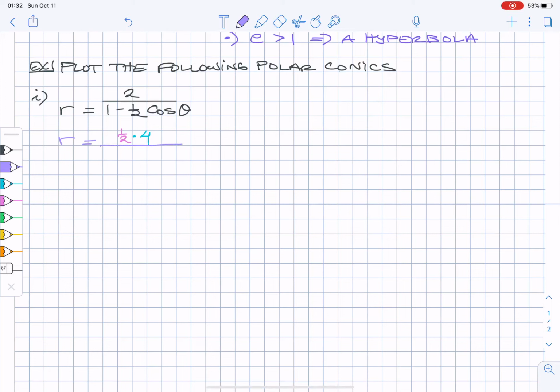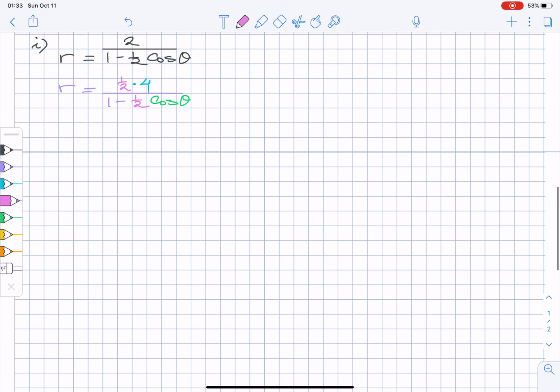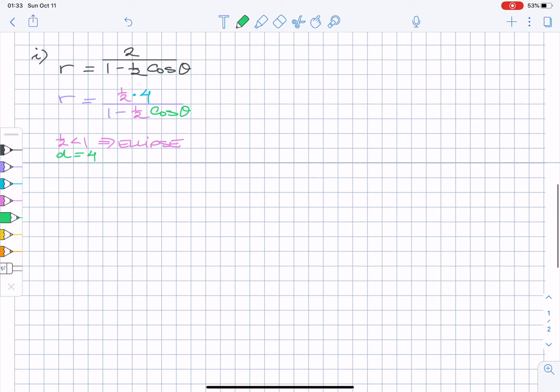But why did I do that? Well, this is 1 minus 1/2 times cosine of theta. Okay, so 1/2 is less than 1, so I claim that this is an ellipse. And I claim that D is 4, the distance to the directrix.